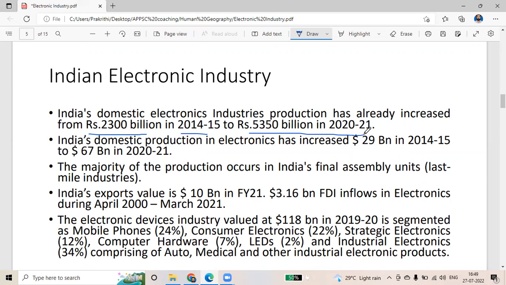So domestic production has increased that much. In the initial stage during the 1970s, it was only about 1.3, 1.7, only 1%. It was 1 billion. Now it is almost 5,000 billion.